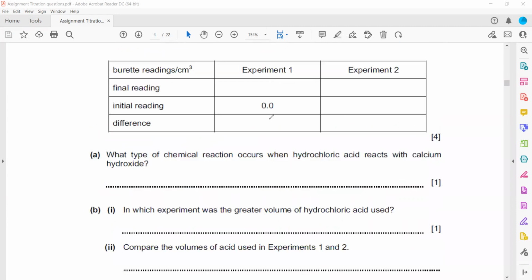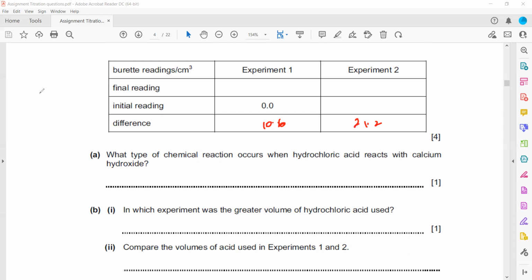So when we fill up the table, 10.6 was there, and 21.2 was there in the second one. So which experiment had the greater volume? That was experiment 2. So what will be the color here?